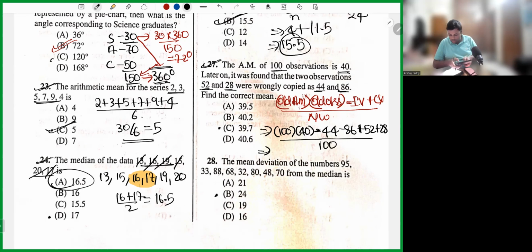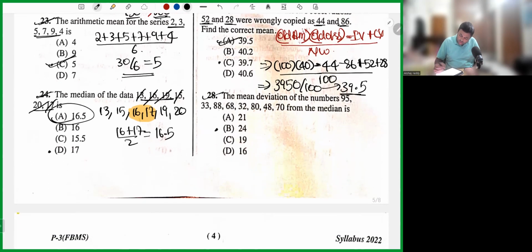Let's do it. 100 into 40 minus 44 minus 36 plus 52 plus 28 whole divided by 100. Numerator is 3950 divided by 100, which is equal to 39.5. Simple, sir. Nothing much difficulty.